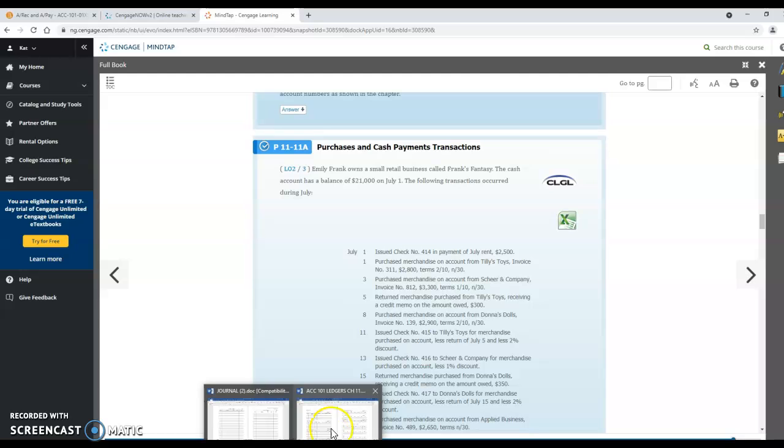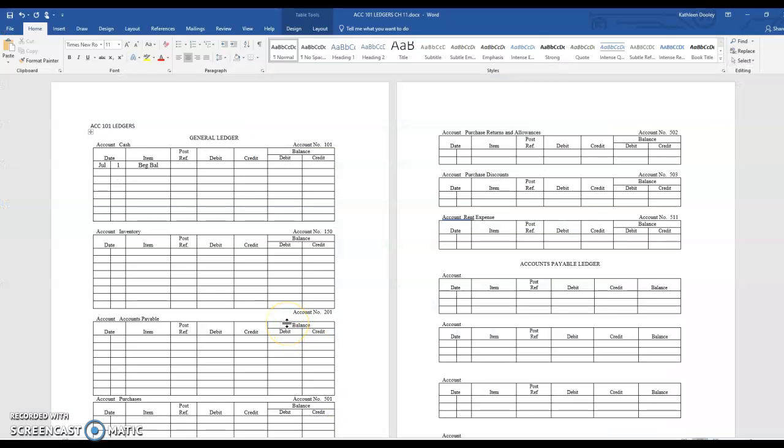Of course, we know that cash is an asset. It has a debit balance, so we put the $21,000. We put our dash or a .00 in there as well to show the pennies.